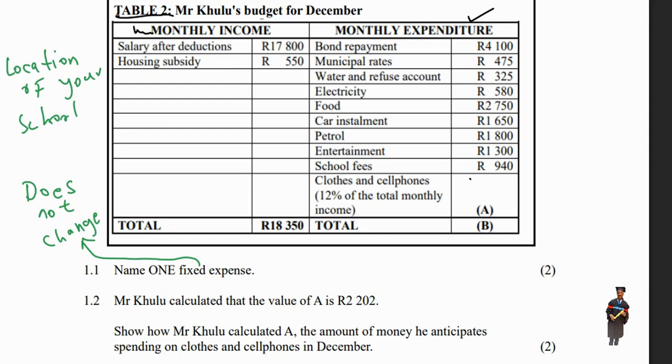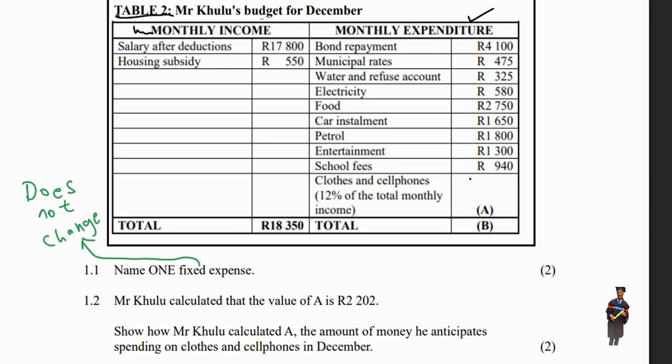Come Monday, you'll find that the location is the same. You come Wednesday, you'll find that the location is the same. It will never change. That is a good example of a fixed thing. So remember, when we say something is fixed, we mean that it does not change. It stays the same.